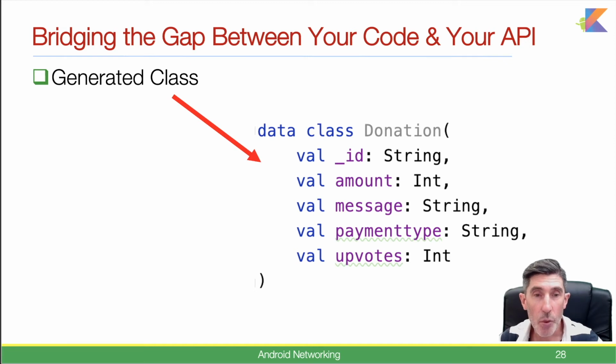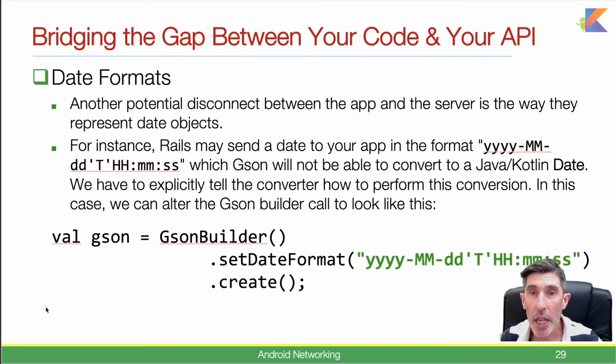Another one just to talk about is your date formats. This can be an issue as well. Another potential disconnect between the app and the server is the way they represent date objects. For instance, Rails may send a date to your app in the format of year, month, and day, and then your hours, minutes, and seconds, which JSON will not be able to convert to a date type.